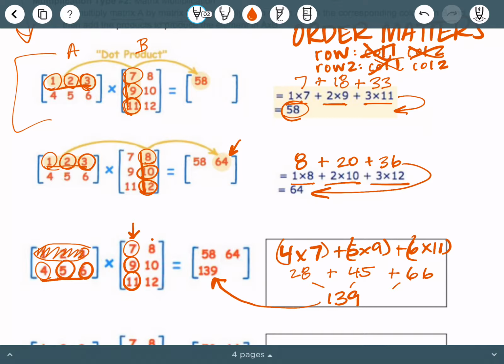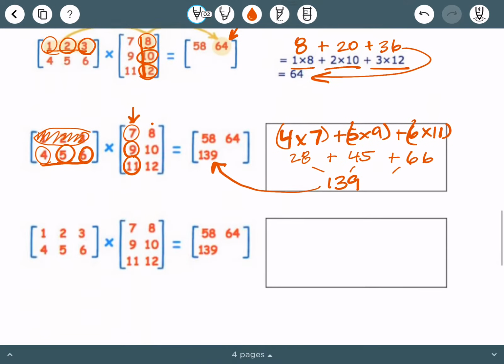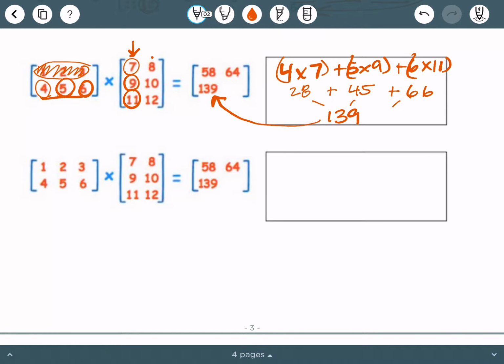And then finally we need to know what goes here, which is row 2, column 2. Right, so if I'm thinking about row 2, column 2, I'm going to think about row 2 with column 2 here. So I have 4 times 8, 5 times 10, and 6 times 12.